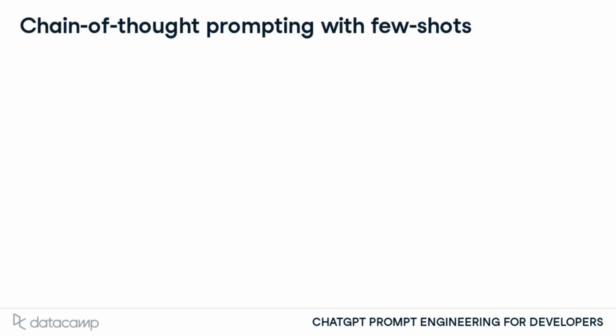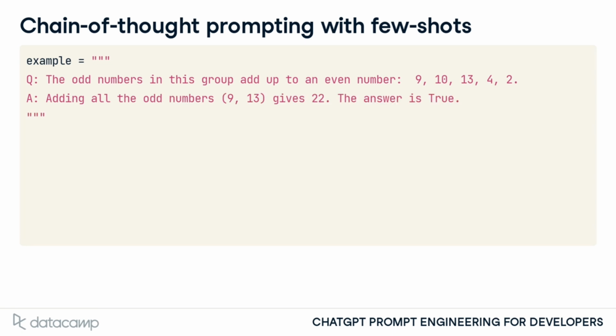We can use few-shot prompts to obtain chain of thought reasoning. Instead of instructing the model to generate reasoning steps, we provide examples of what the answers should include. For instance, to determine if a group of odd numbers adds up to an even number, we provide an example question and answer.